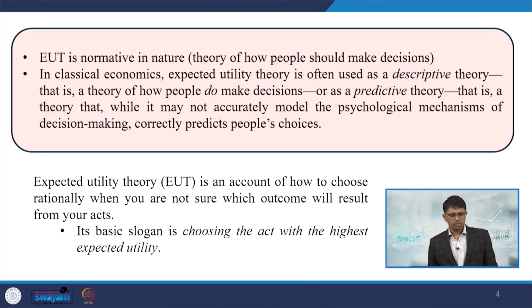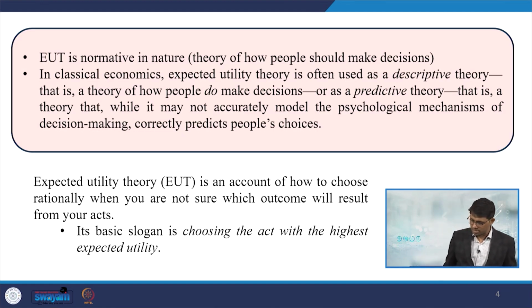Hence EUT, the expected utility theory, is normative in nature, and it explains the theory of how people should make decisions. In classical economics, expected utility theory is often used as a descriptive theory, that is, a theory of how people do make decisions, or a predictive theory, that is, a theory that may not accurately model the psychological mechanisms of decision making but correctly predicts people's choices.